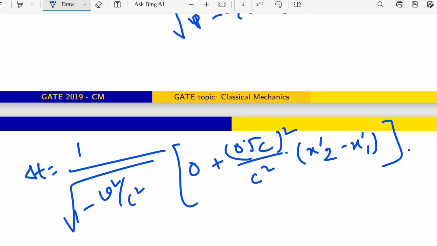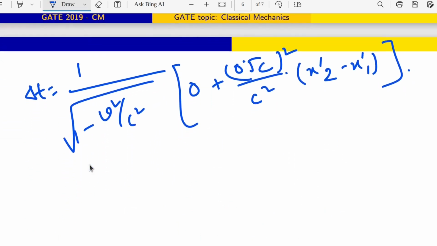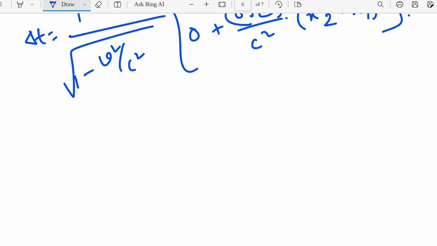Then what will be the value of x2 prime minus x1 prime? That will come from the fact that the time for light to travel from the sun to the earth is 8.3 minutes.